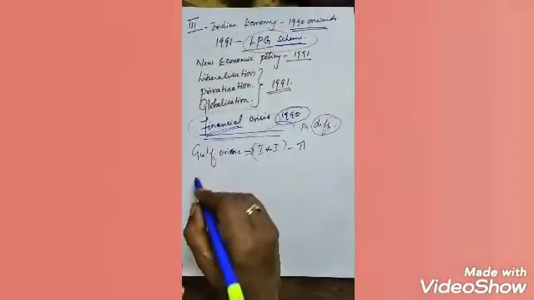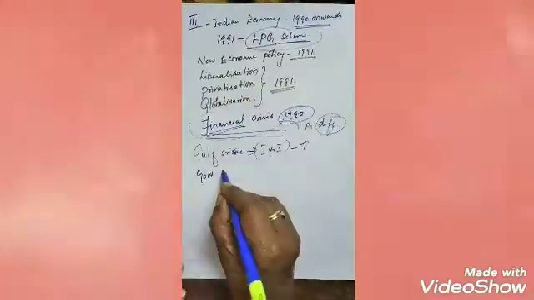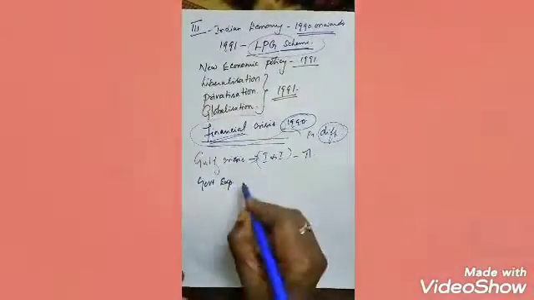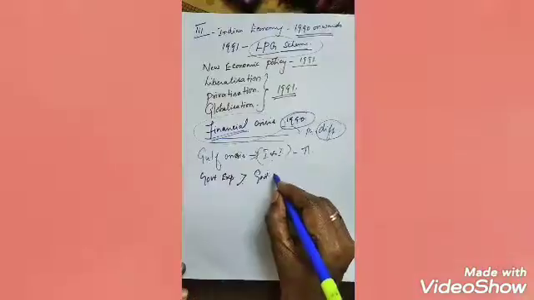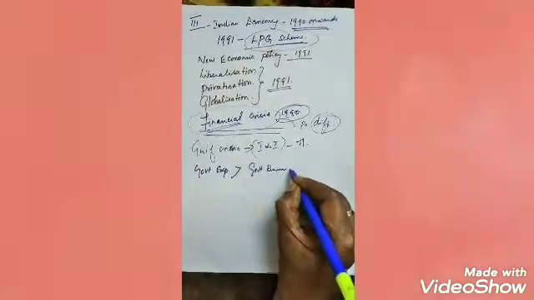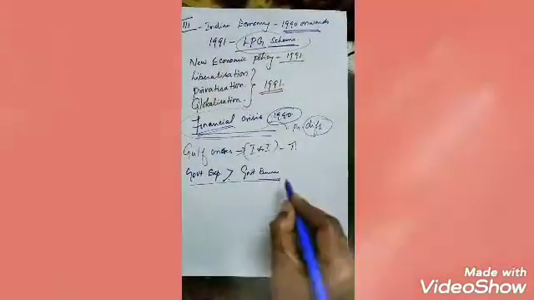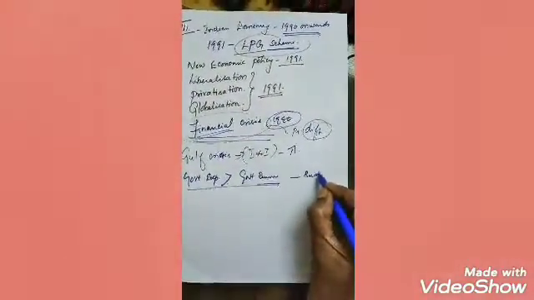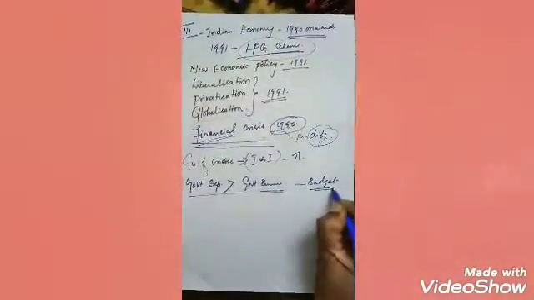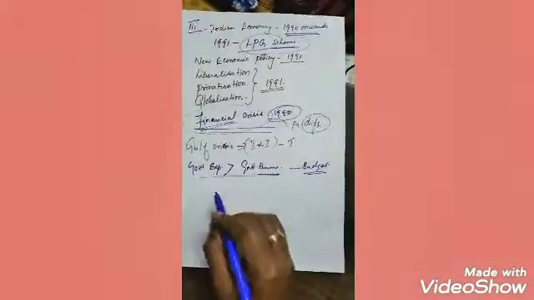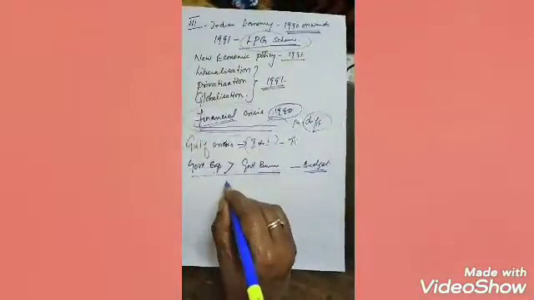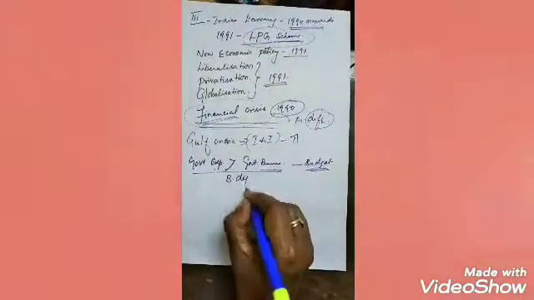The second one, the government expenditure of our country was greater than the government revenue. Revenue means the income of a government. We already learnt this in the Indian budget chapter. If government expenditure is greater than government revenue, this creates a budget deficit.